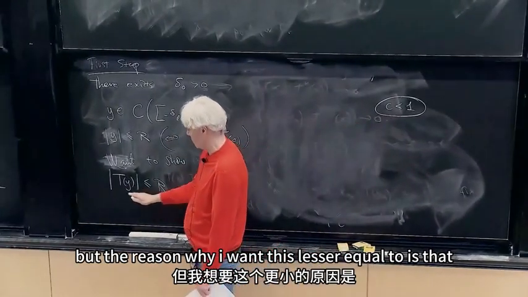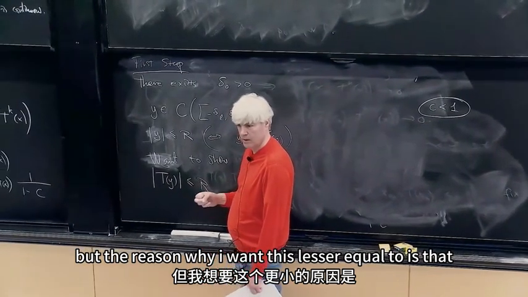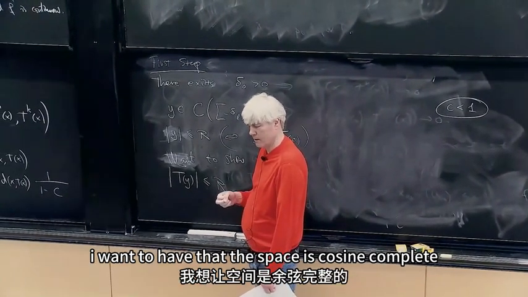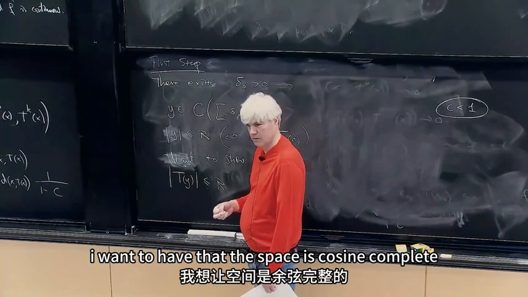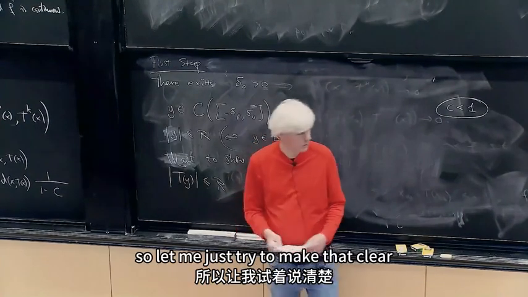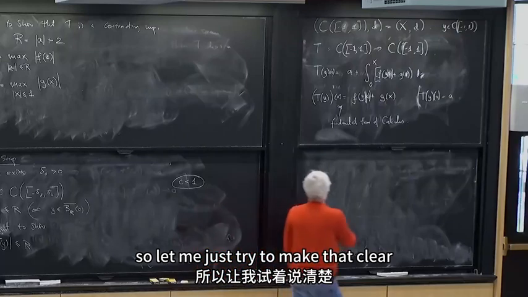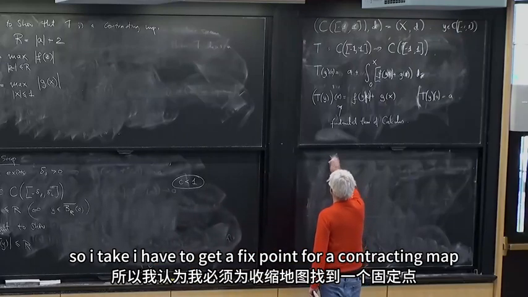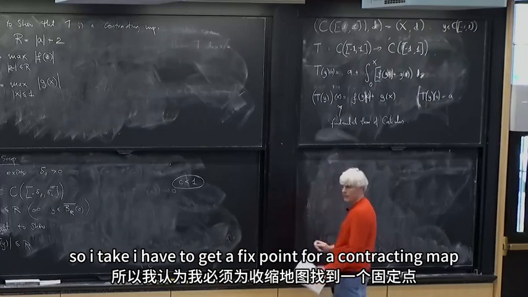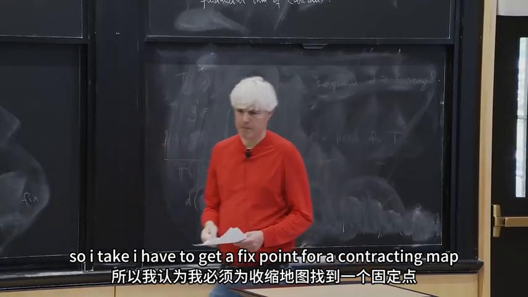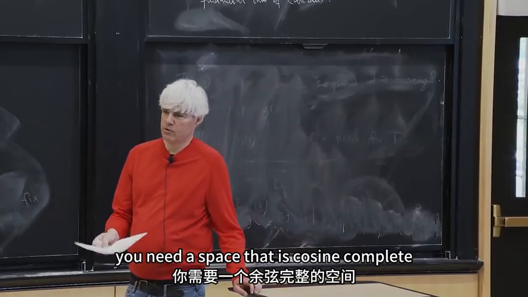reason why I want this less or equal to is that I want to have that the space is Cauchy complete. Okay, sorry, let me just try to make that clear. To get a fixed point for a contracting map, you need a space that is Cauchy complete, right?